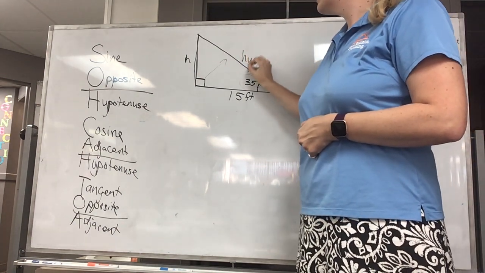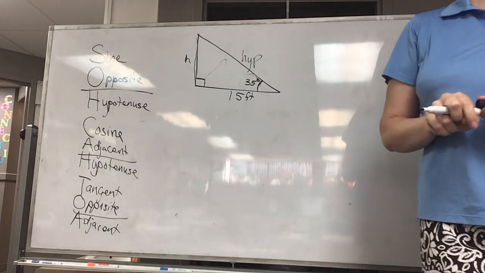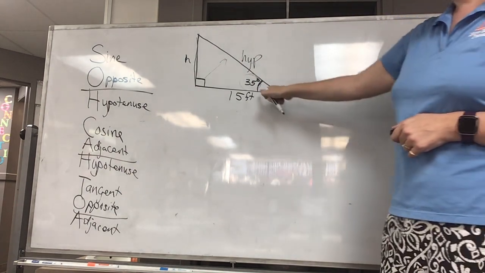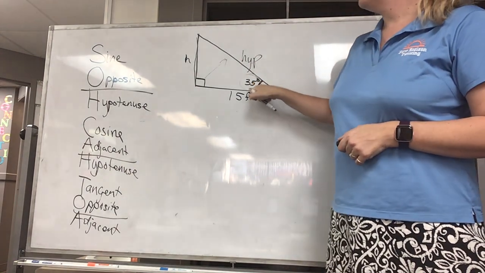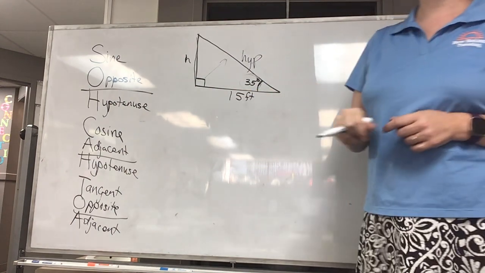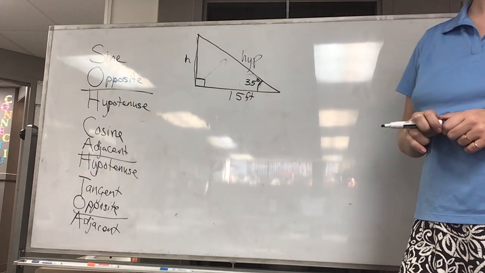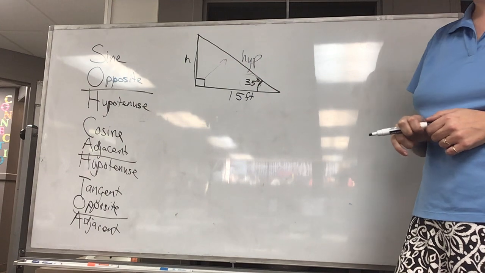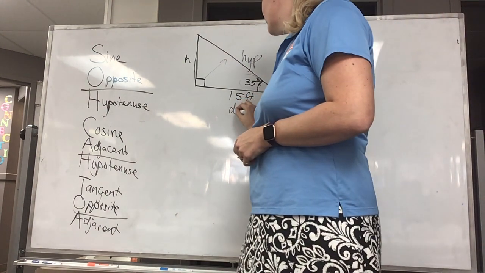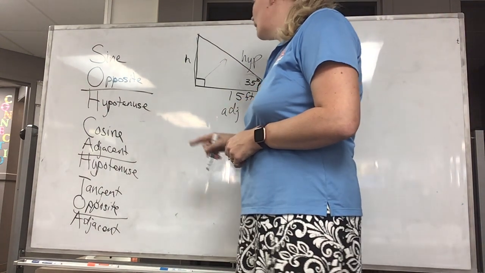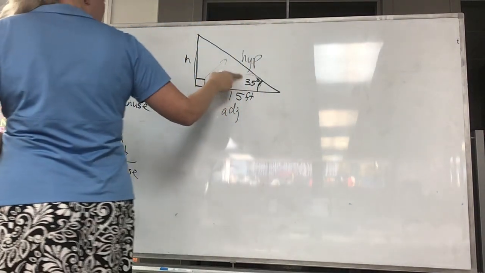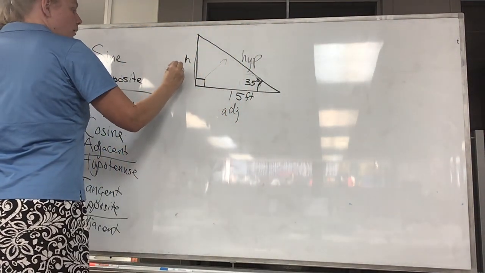So this one's the hypotenuse. Relative to our angle 35, is 15 opposite or adjacent? It's adjacent. And so that makes, relative to 35, h the opposite.